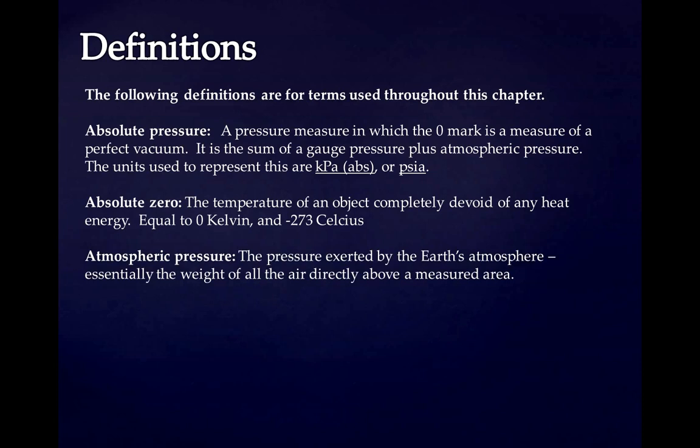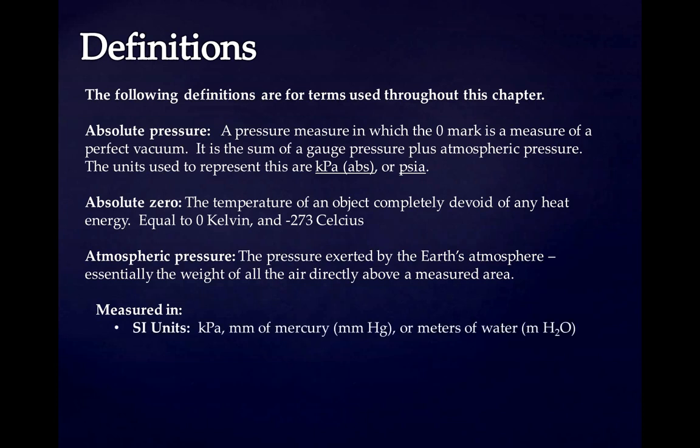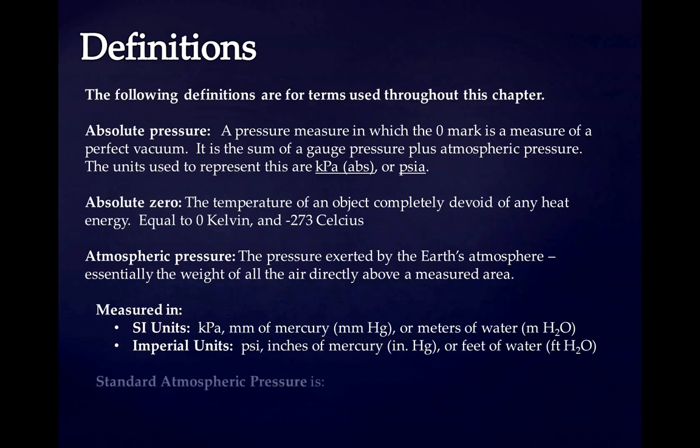Atmospheric pressure, the pressure exerted by the Earth's atmosphere, essentially, the weight of all the air directly above a measured area. Measured in SI units, kilopascals, millimeters of mercury, or meters of water. In imperial units, PSI, or pounds per square inch, inches of mercury, or feet of water.